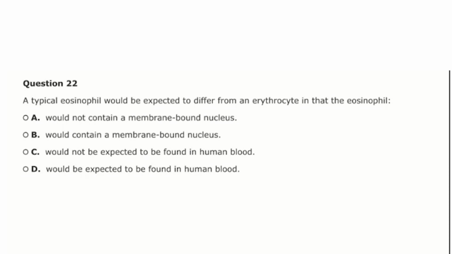I love this one because answer choices C and D are both wrong, since eosinophils are found in blood, and so are erythrocytes. I like that I can cross both of those out just because I know that we test for eosinophils all the time with labs.